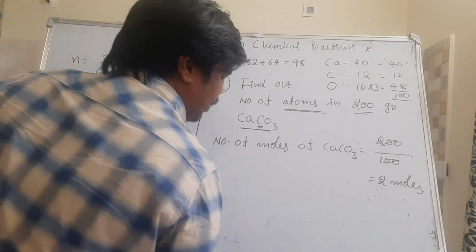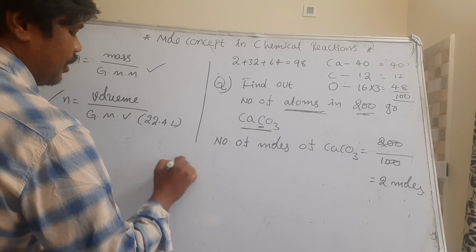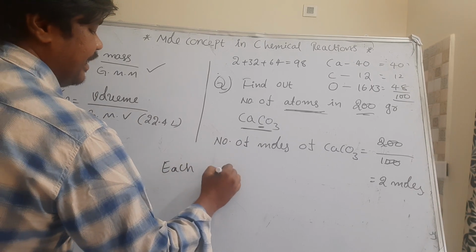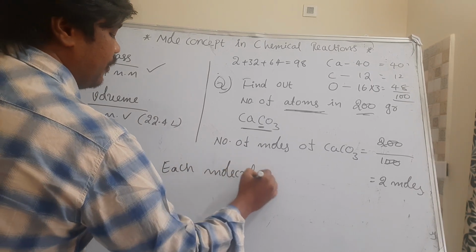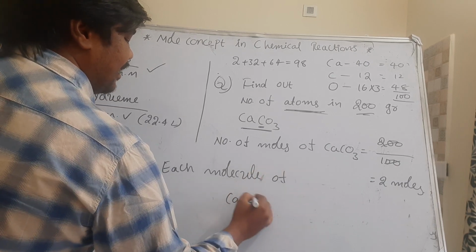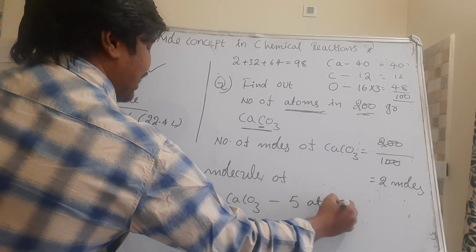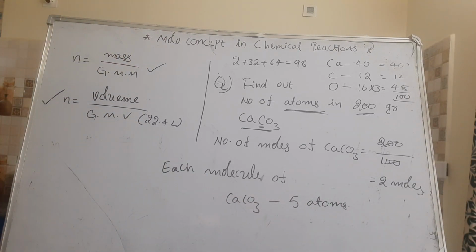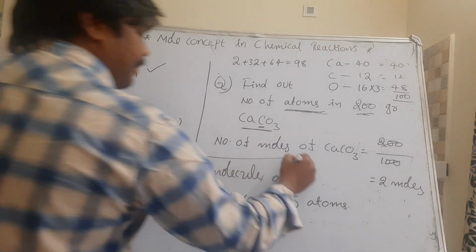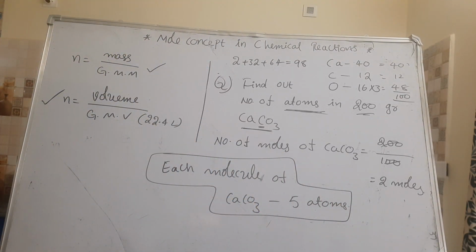Each molecule of CaCO3 contains 5 atoms. This you have to keep in your mind.